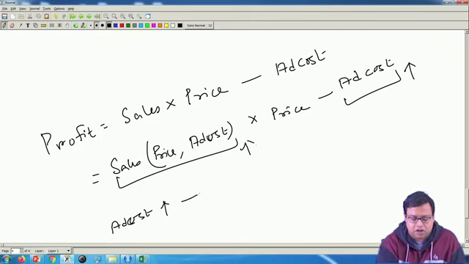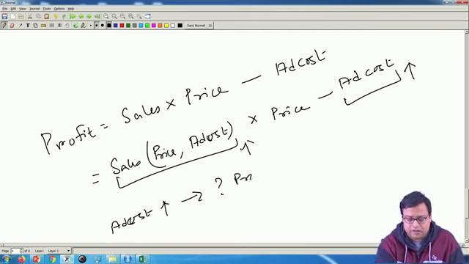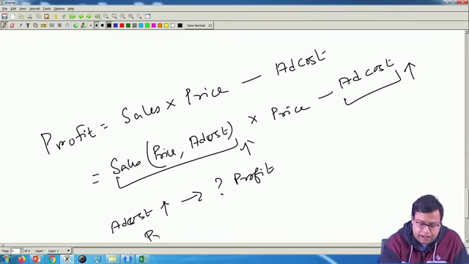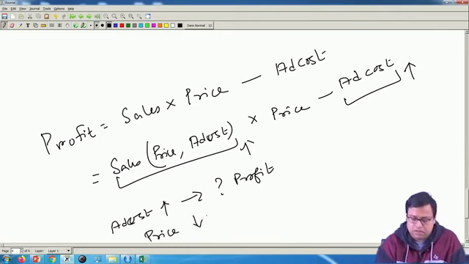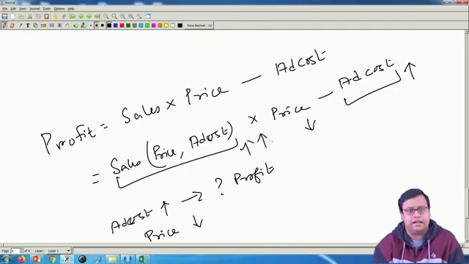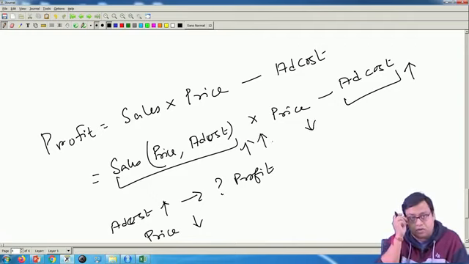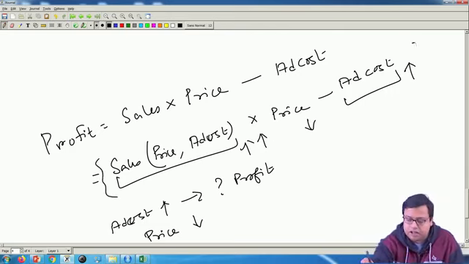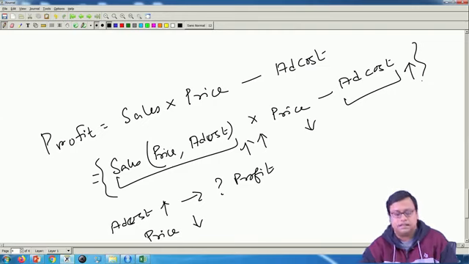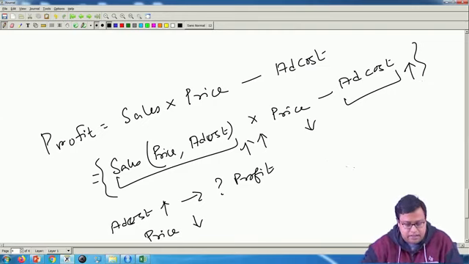So, I am not sure what happens to profit. There is a dilemma, and that is why optimization comes in. Again, when price goes down, this part goes down, but this part goes up. There is again a dilemma, and I do not know which one is optimal. So, I have to find out the functional form and solve it. Here I am trying to find out that functional form.